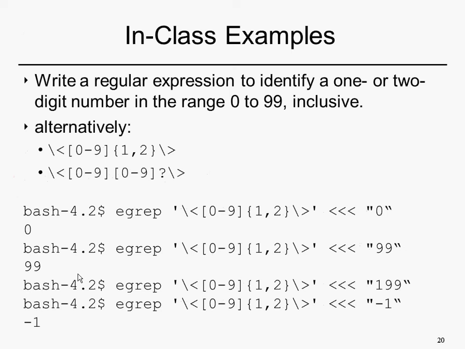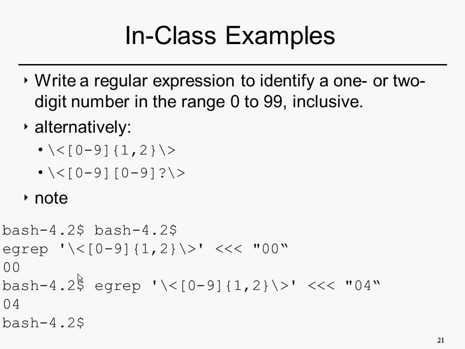So here, we can use these delimiters of sorts to do these sort of matches. And here we're matching, and you notice it's not matching 199, it's not matching 99, and it's not matching 0. You notice it does match -1 because the minus sign is not counted as being alphanumeric. We can handle that separately. I won't go into it here.